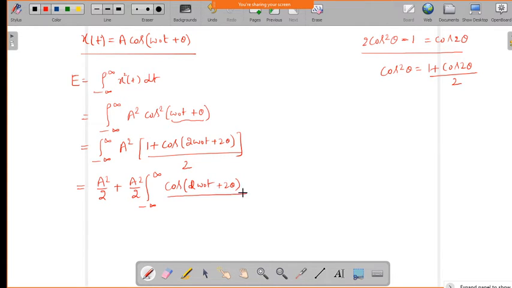Now if you integrate this cos function, it will become sine.